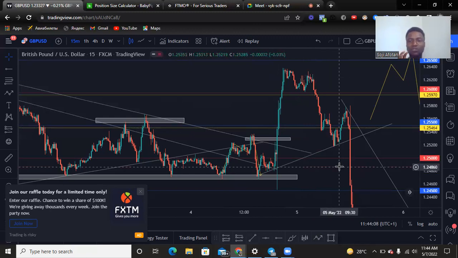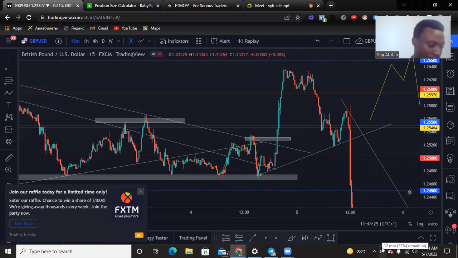So this is how you trade chart patterns, both double bottom and double top. You just want to wait for the second leg. You need to have this patience to always wait for the second leg to form before you start getting in.